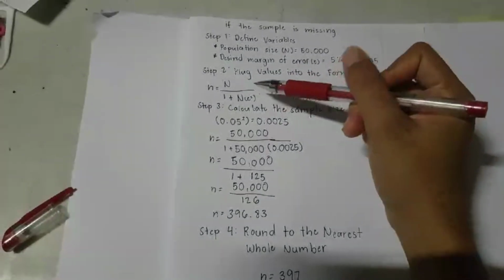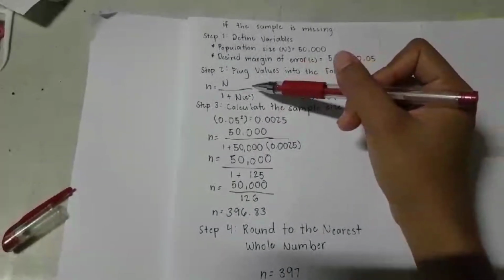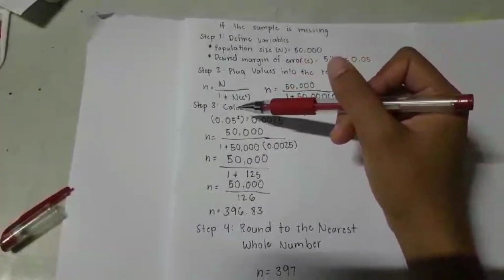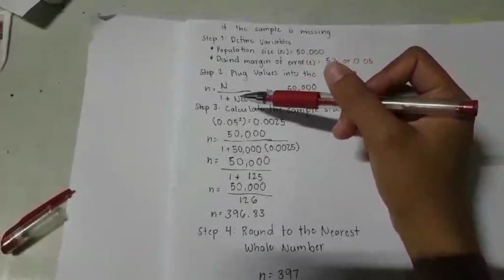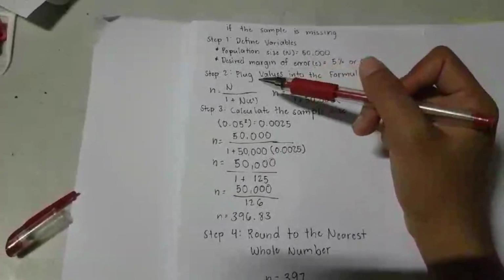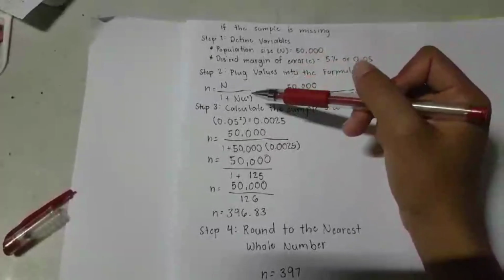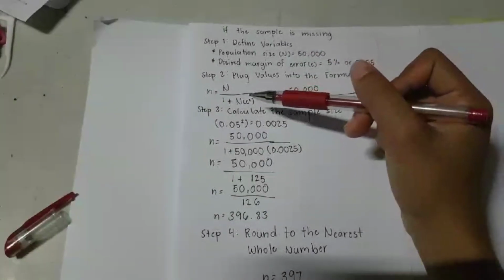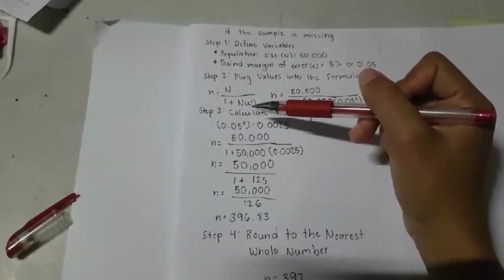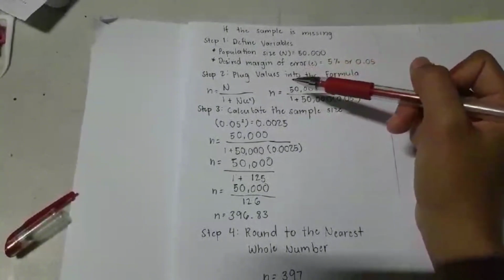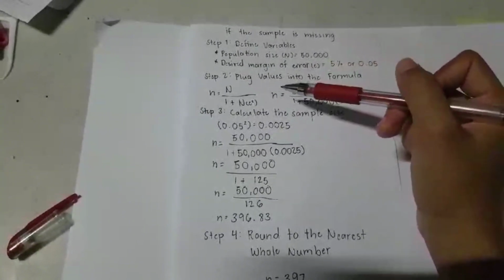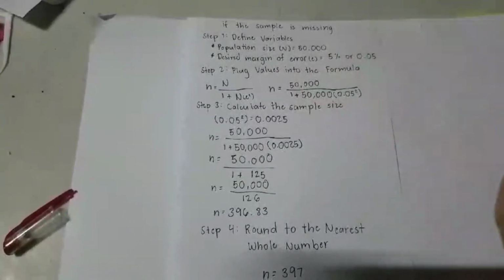Our formula is population over 1 added by the population size times the desired margin of error squared.